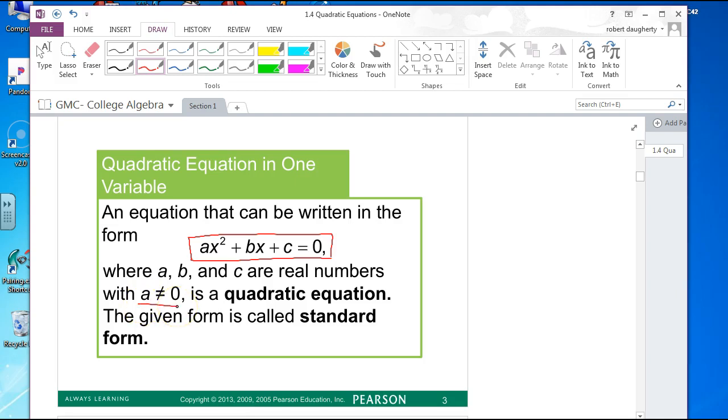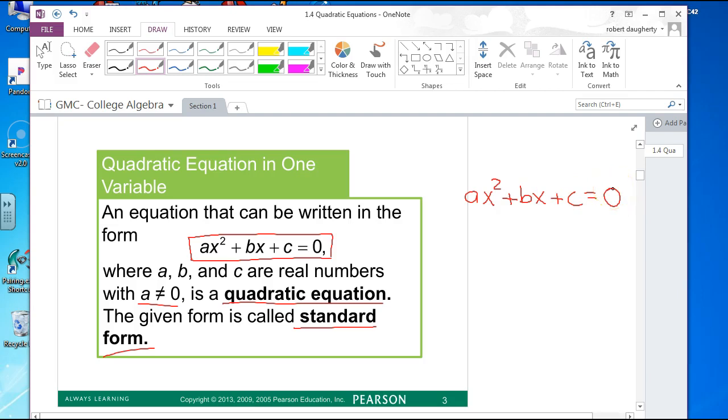If a was equal to 0, this term would go away, and you would have a linear expression. So that's why we have the explicit condition that a has to be not equal to 0. This is a quadratic equation in standard form. The standard form of a quadratic equation is ax squared plus bx plus c equals 0.